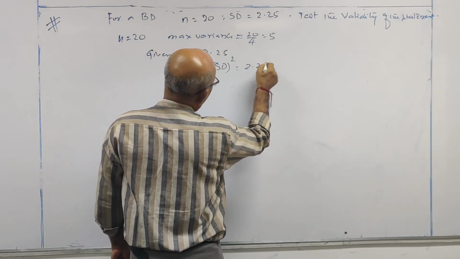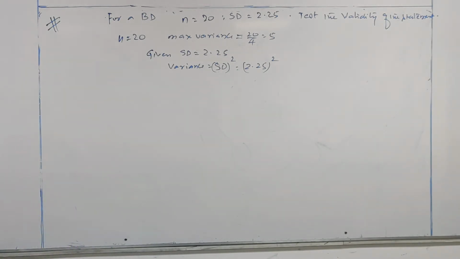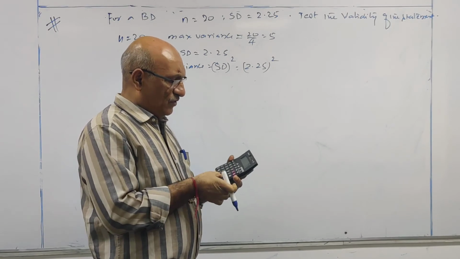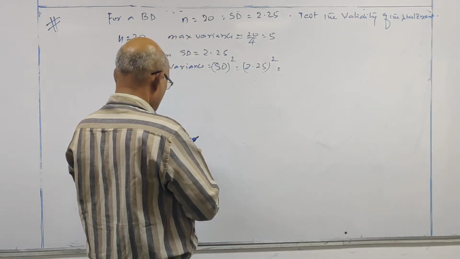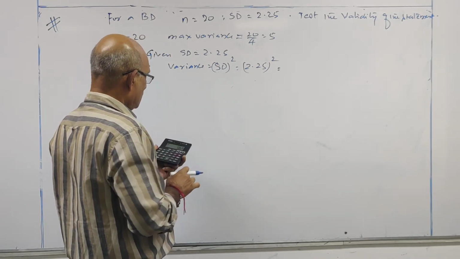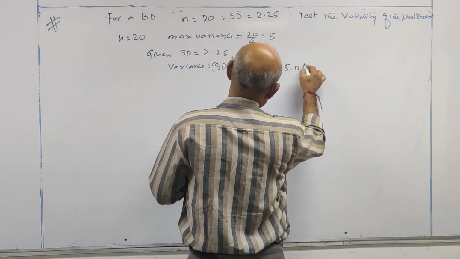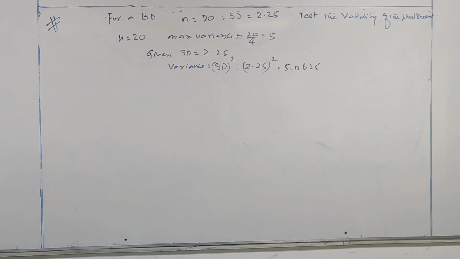This is 2.25 whole square, which is 5.0625.